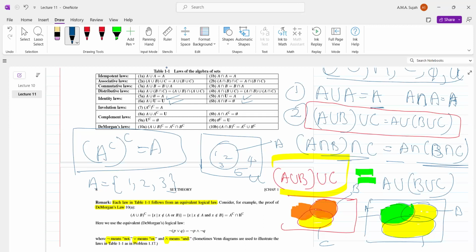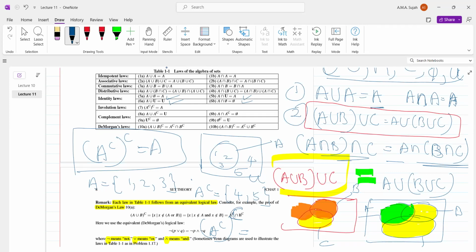Now tell me what is A complement? A complement is equal to the elements not belonging to A but belonging to the universal set. So A complement is 4 and 5, right? So now tell me the complement of A complement. Now we consider A complement as a set, right? The whole thing's complement means what?